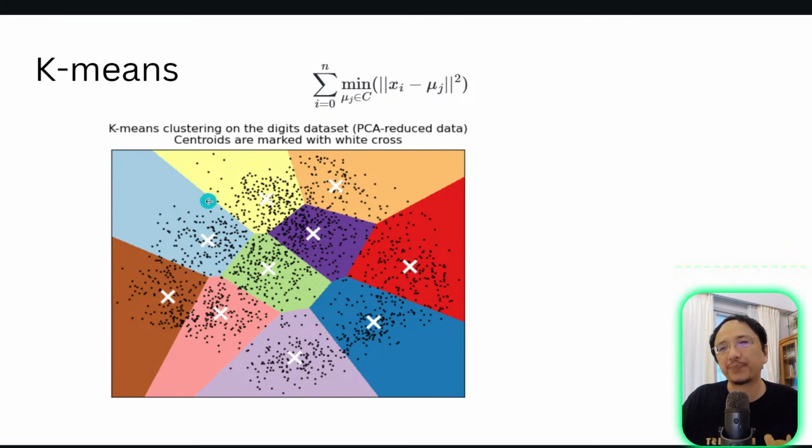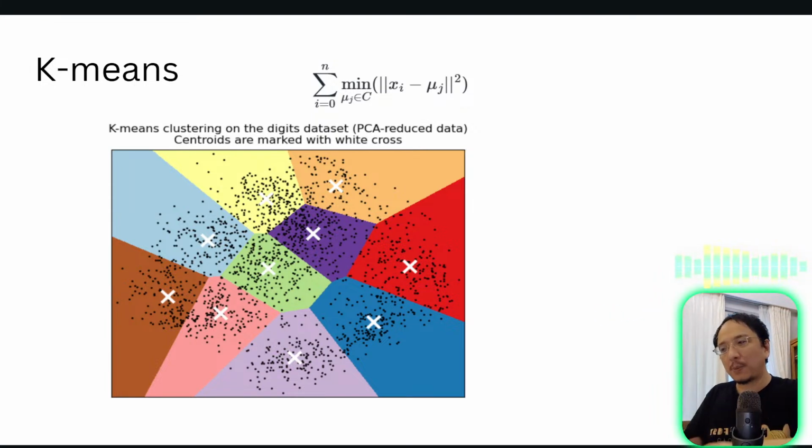But for each k, we are trying to find k different centers, and each sample is categorized to be in its nearest center, and we compute the distance between each sample and its nearest center. And we try to move around to adjust these centers so the distance between samples and the centers can be minimized. So that's the idea of k-means.